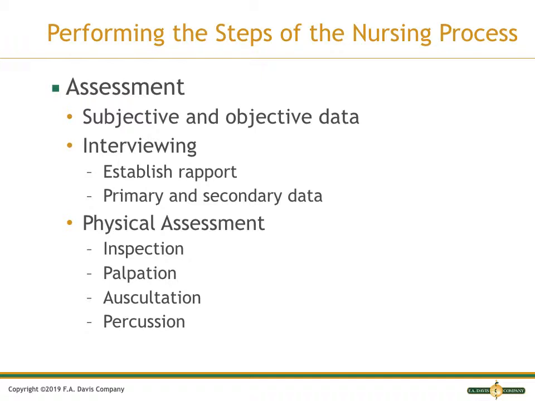So assessment is the gathering of information through signs and symptoms, patient history, and objective findings. And it's important for you to understand the difference between subjective and objective data here. So subjective data is something that is known to the patient and to their family. It is something the patient experiences, something that cannot be measured.